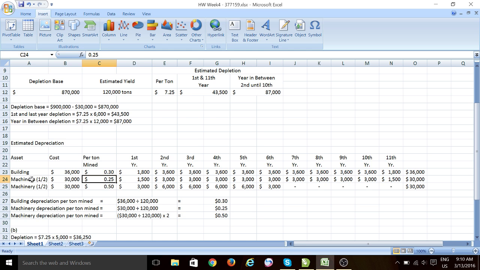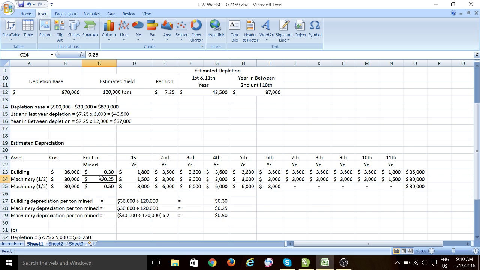So we estimated that the first machinery had 11 years of useful life. While the second one has a useful life of one-half of that, half of the 11 years, so the depreciation will be 2 times faster than the first machinery. Understand?